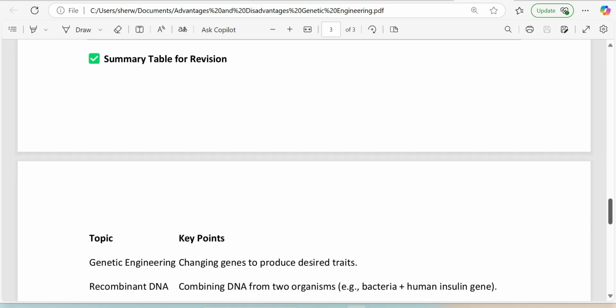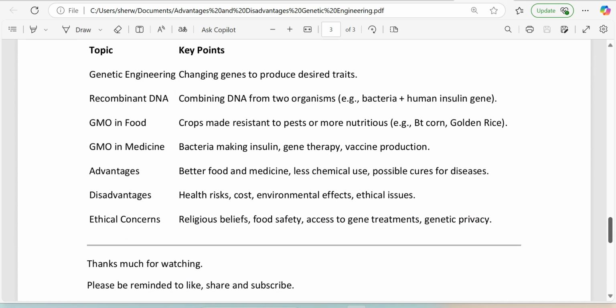Summary table for revision. Genetic engineering: changing genes to produce desired traits. Recombinant DNA: combining DNA from two organisms, e.g., bacteria plus human insulin gene. GMO in food: crops made resistant to pests or more nutritious, e.g., Bt corn, golden rice.